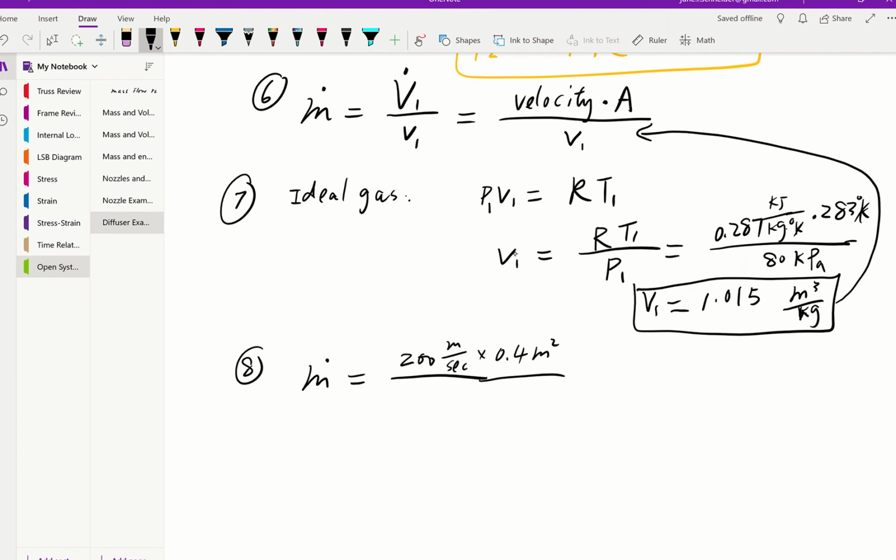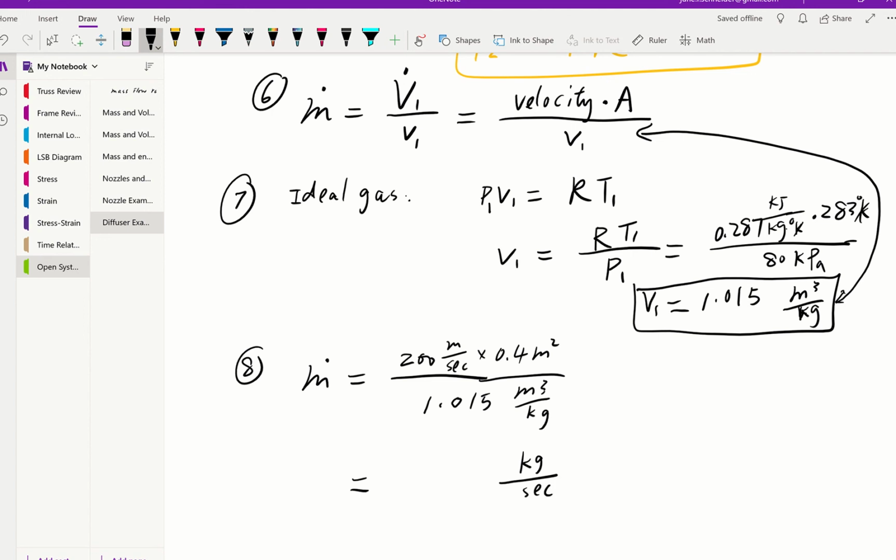You just calculated in step 7 using ideal gas, 1.015 meter cube per kilogram. Then we get our mass flow rate unit, which is kilogram per second.